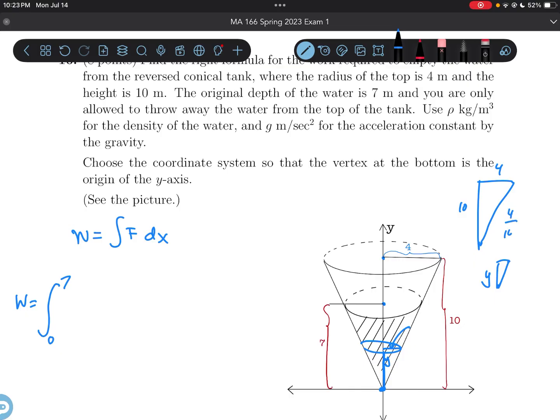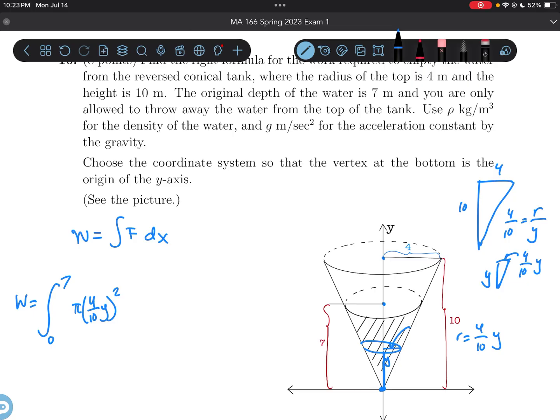So using similar triangles, I have 4 over 10 is equal to r over y. And then solving for that means that r is equal to 4/10 y. So I'm going to say r is equal to 4/10 of y, where y is the height of the cone, which means that the area would be pi times 4/10 y squared, because pi r squared is the formula for area. So that's the area of that circle.